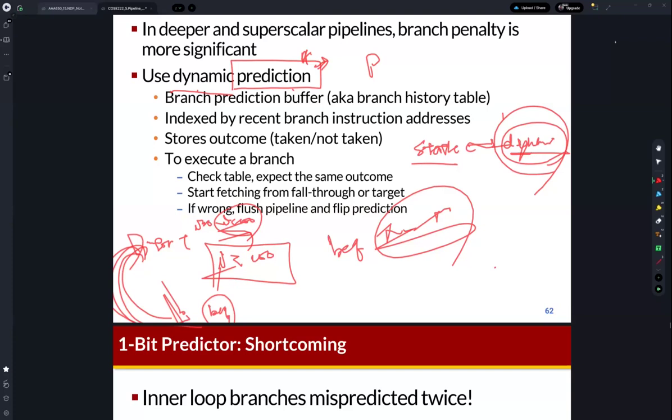So this is prediction by monitoring the past events of this branch instruction. Then we can predict the result of the branch instruction.